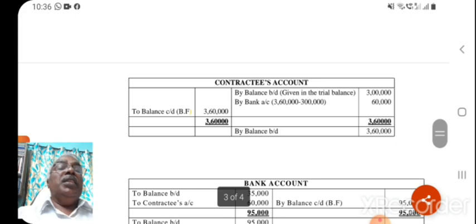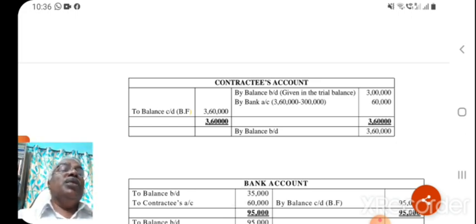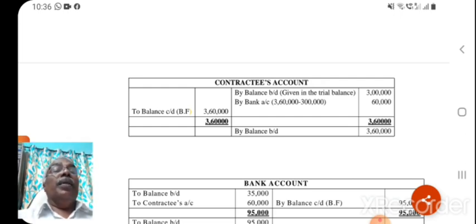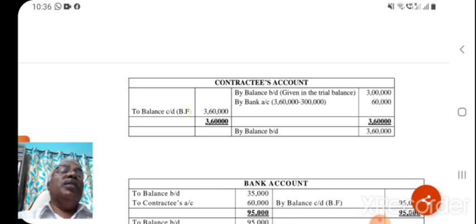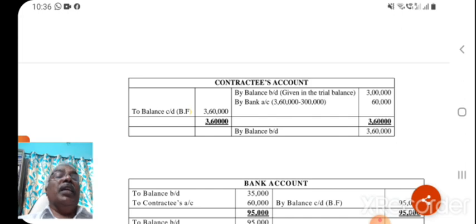Then the contractee's account. Where already you received 3 lakh from the contractee, it is shown in the balance sheet. But this year, the total amount received is 3,60,000. So already 3 lakh you received, and the difference of 60,000 is the amount received during the year.